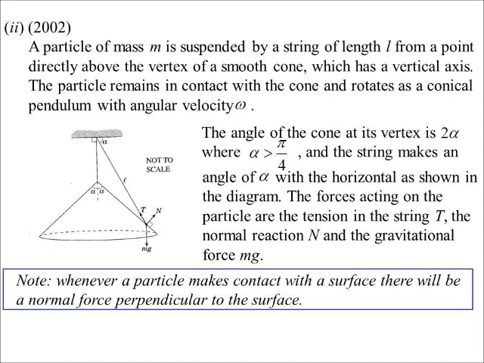So that's what this N force is here. Because Bob is on the surface of the cone, it's touching a surface, so therefore there will be a normal force going away from the surface at right angles to the surface. So whenever a particle makes contact with a surface, we know we're going to have that resistive force, that normal force, perpendicular to the surface.